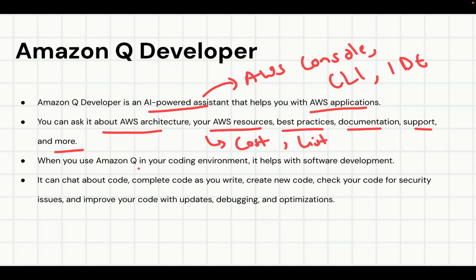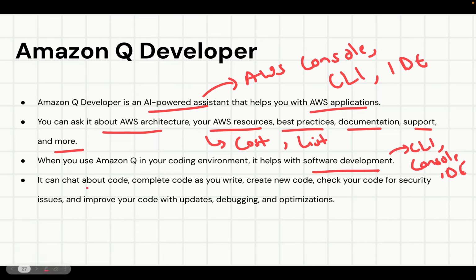When you use Amazon Q Developer in your coding environment, it helps you with software development. As I said, when we are working on the CLI or console, using Lambda, or an IDE, we can use Amazon Q Developer in the coding environment. It is going to help make sure your software is getting developed. It is going to give you inline suggestions and help you debug and look at the security parts.